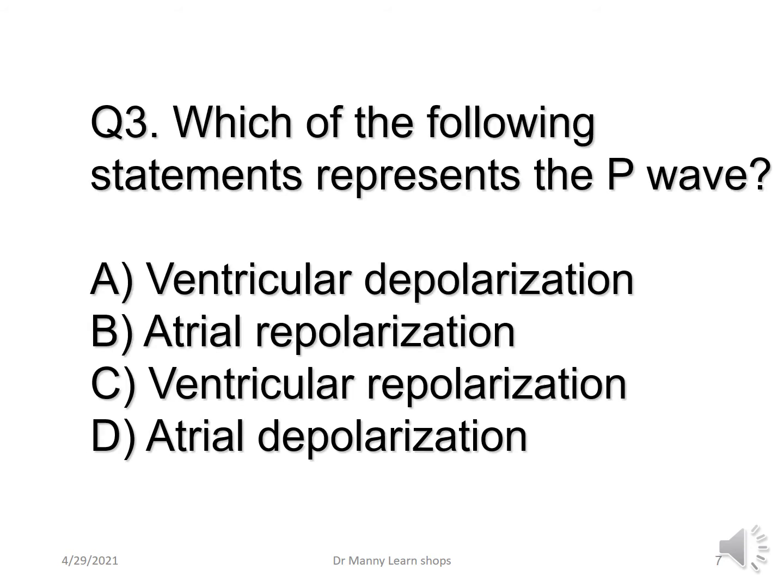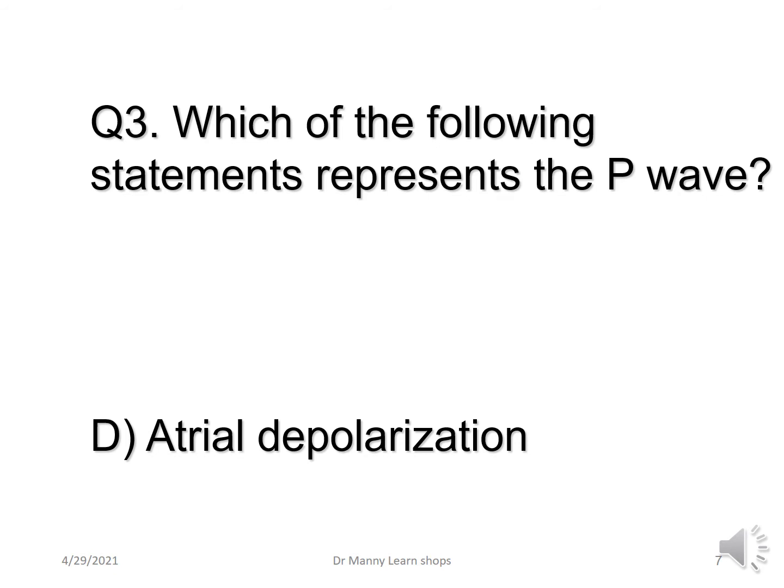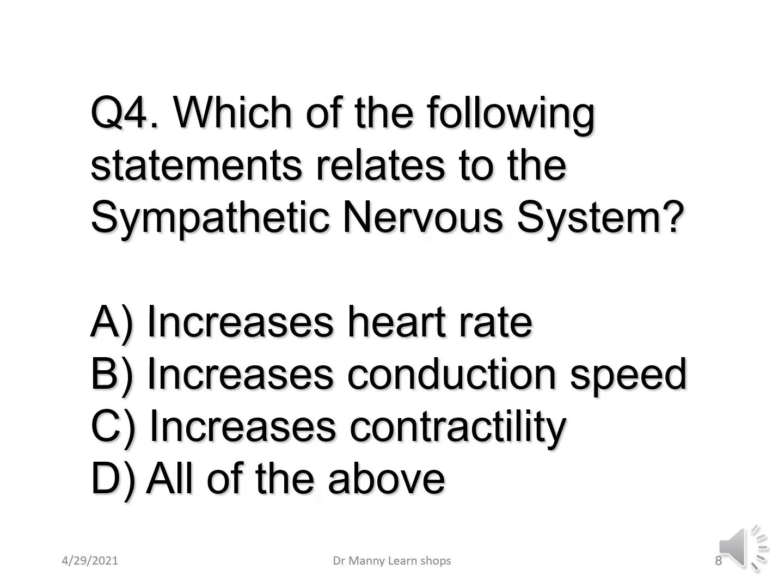Which one of the following statements represents the P wave? A, B, C, or D? The correct answer is D, atrial depolarization. Which of the following statements then relates to the sympathetic nervous system?